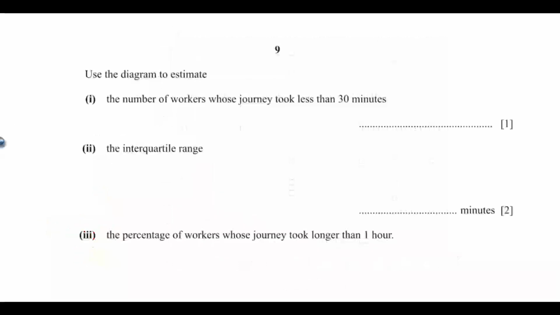So that means the number of workers whose journey took less than 30 minutes will be 56. So when we go to the interquartile range, the interquartile range will be Q3 minus Q1. Where Q1 equals 1 over 4 times n, the total population, and we have 160 people there.